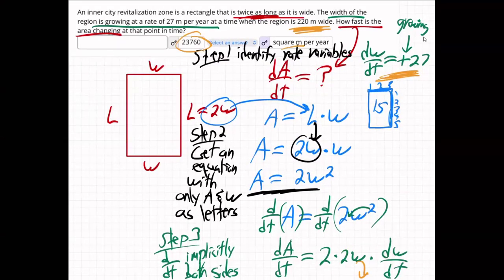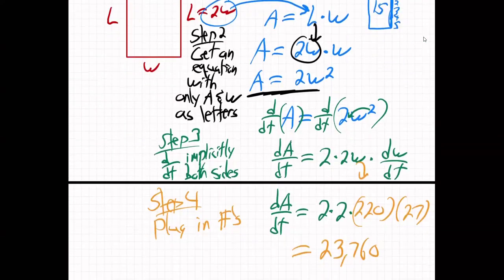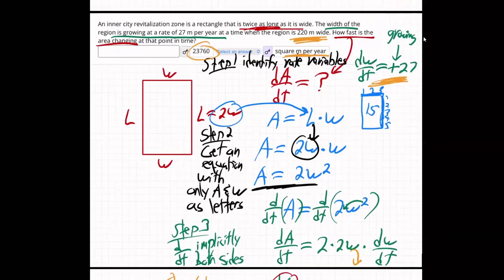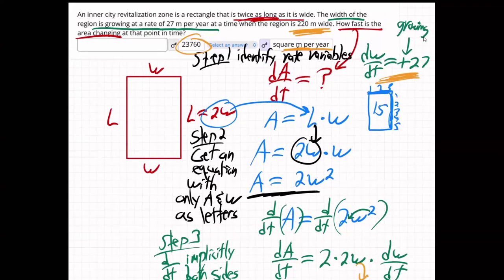And what are the units? It's square meters per year. How do I know it's that? Well, it's area. Area is always in square meters, because area has squares. Like if I look at the area of this little make-believe rectangle, the total area would be the total number of squares in here.